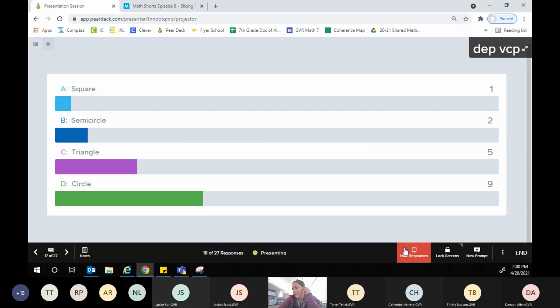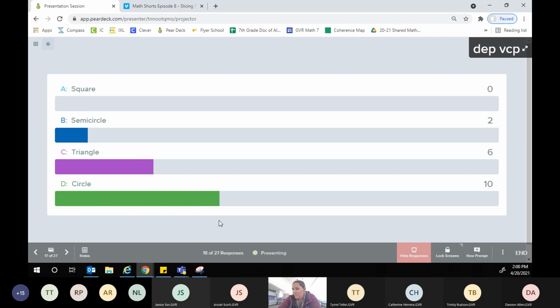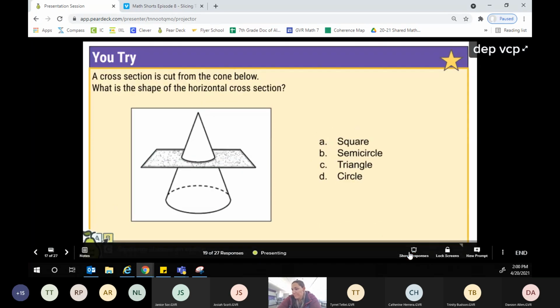I want to show y'all what you're saying. So we're a little split up. Some of us think square, some semicircle, but we have most votes on circle. So if you said circle, you are correct.